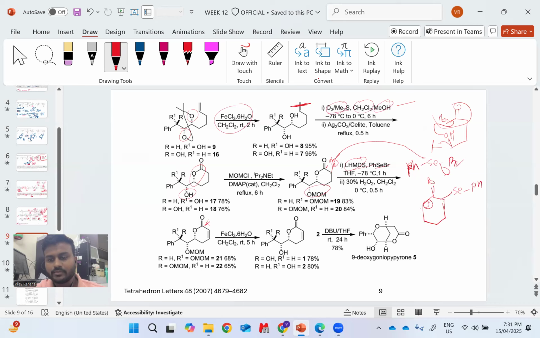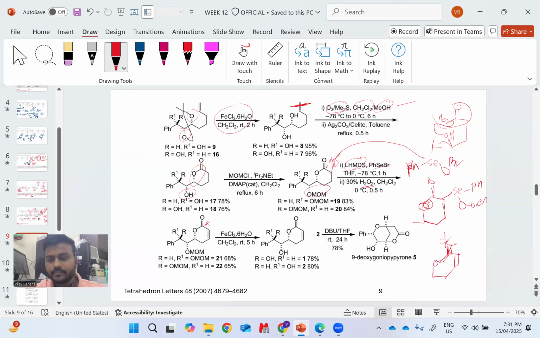And then the addition of H2O2. So H2O2 does this job, oxidation, followed by elimination. It's again the elimination kind of reaction that we have seen in an earlier example.